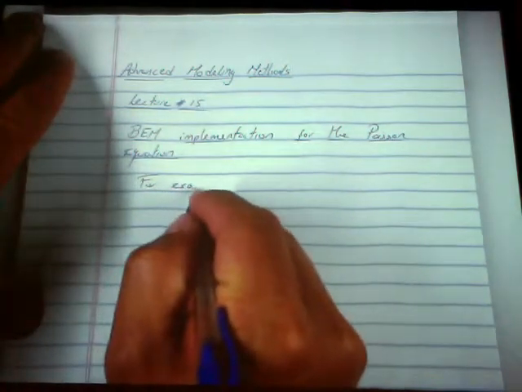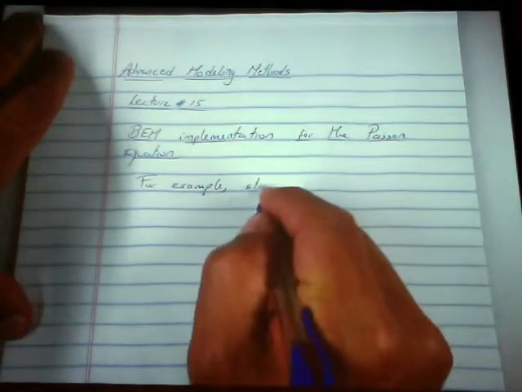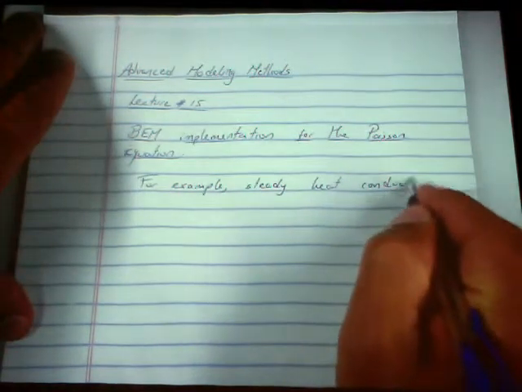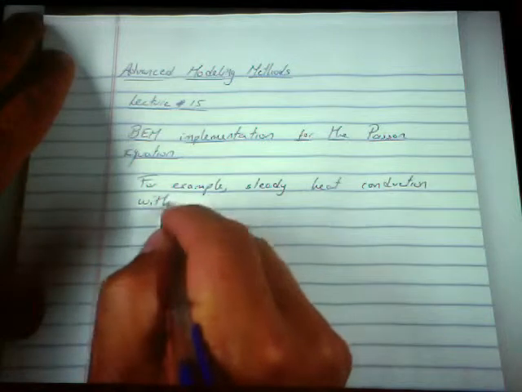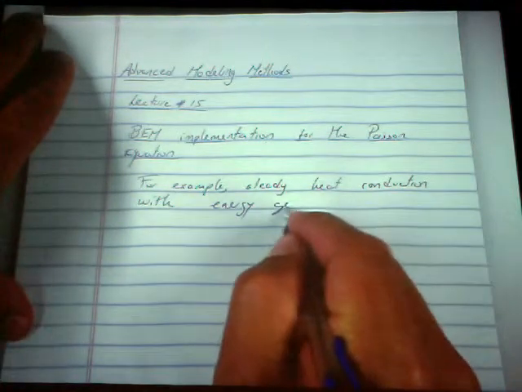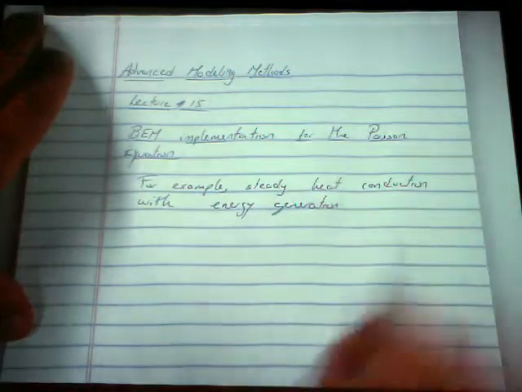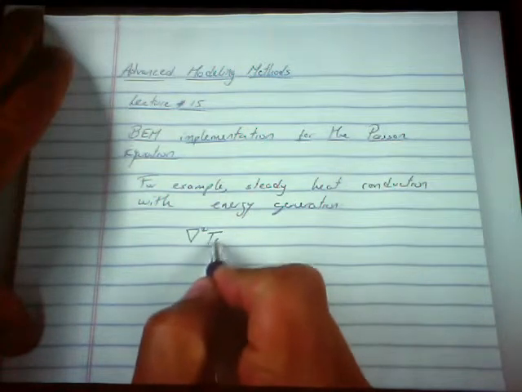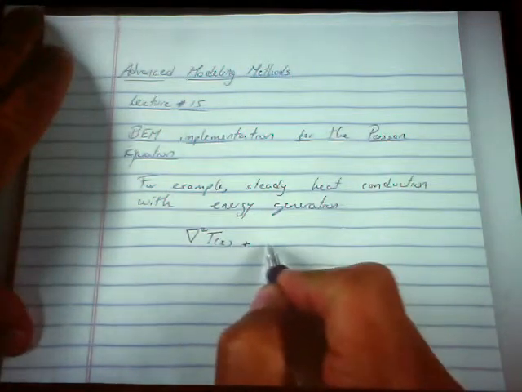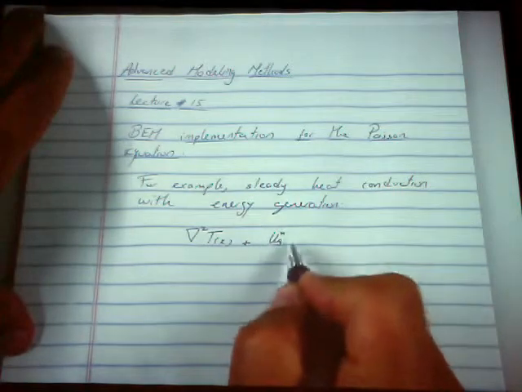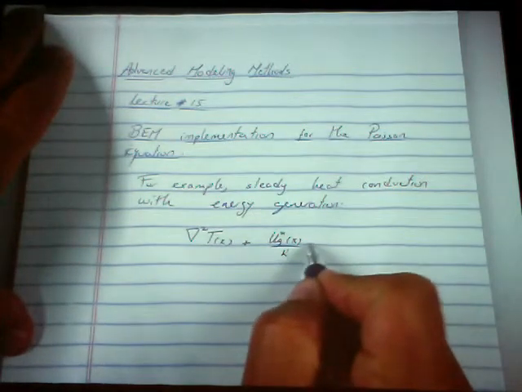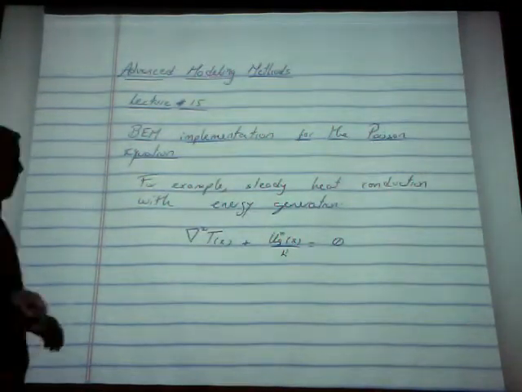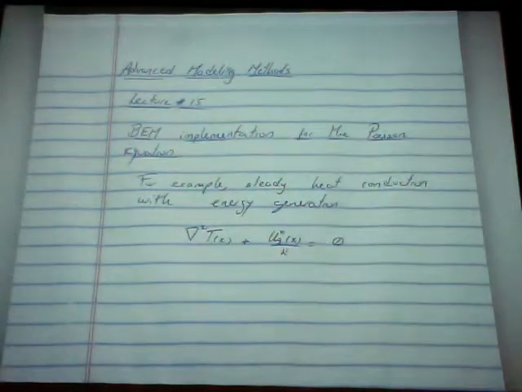For example, we talk about steady heat conduction with energy generation. So the Poisson equation is simply the same thing as the Laplace equation, but it has a non-homogeneous term.